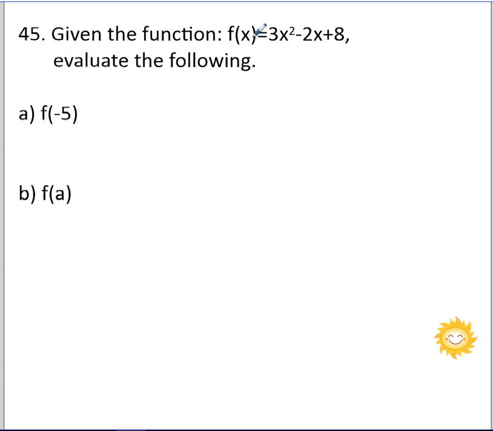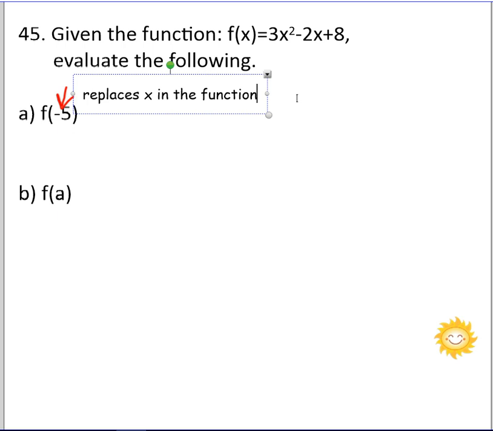And the last question is evaluating using that function notation f of x. In this case it is 3x squared minus 2x plus 8. And we're evaluating f of negative 5 and f of a. So remember, this replaces x in the function.